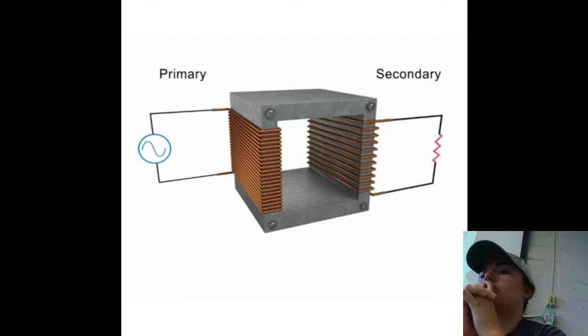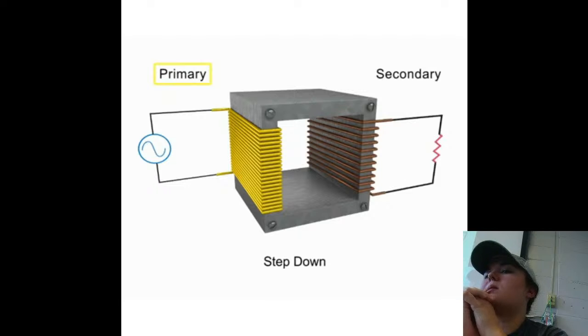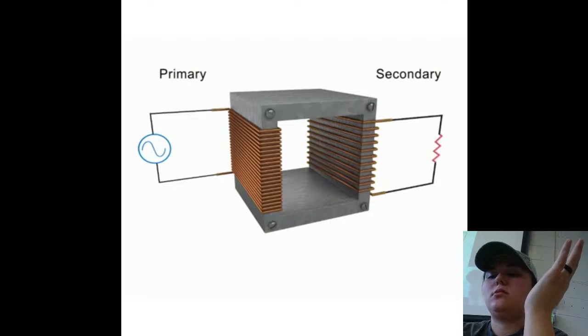This gives a transformer its unique electricity altering properties. Transformers can either step up or step down a voltage. In a step-down transformer, the number of turns in the primary coil is greater than the number of turns in the secondary coil.